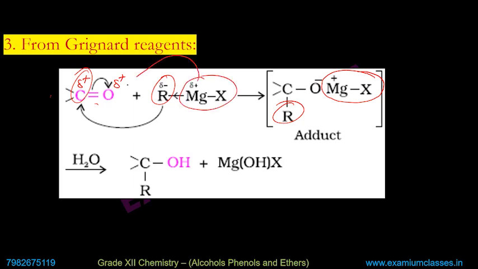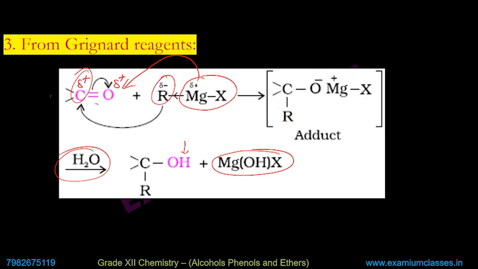This positive part gets connected to oxygen. After that, we add water. So when we add water, this MgX part is detached and we get OH, hydrogen, instead of MgX.